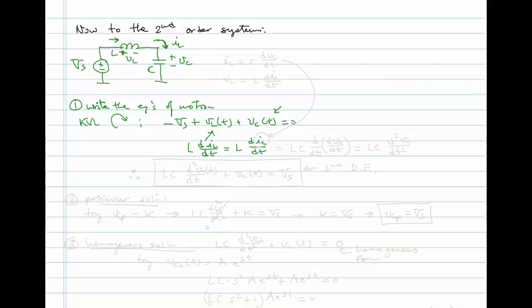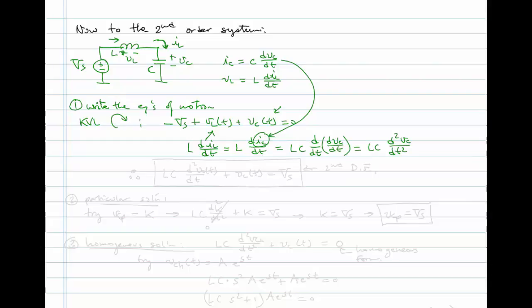And then I can say that remember Ic is equal to C dVc dt, just like VL is equal to L dIL dt. So I can replace Ic, and I'll have LC d dt times dVc dt, so we'll have LC, second derivative of the voltage with respect to time.